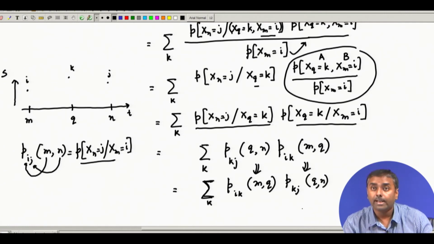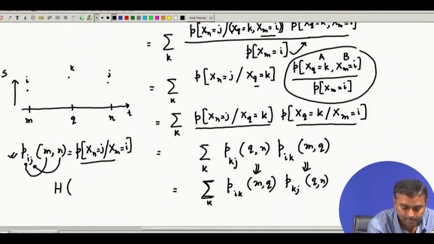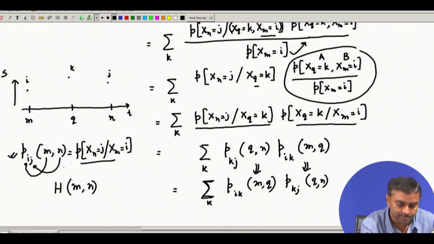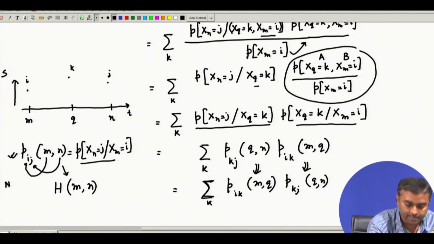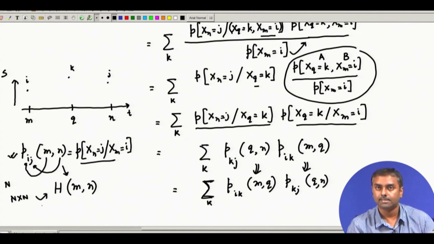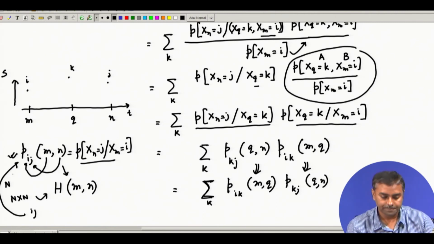So, now if I represent the whole matrix, let us say these things I populate and I write a matrix H(m,n). This is the matrix whose dimension is as many as the number of states. If there are n states, it will be n cross n. That is the dimension of that matrix, and each element i j corresponds to this term.